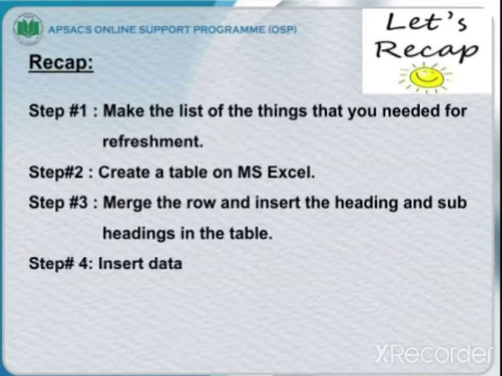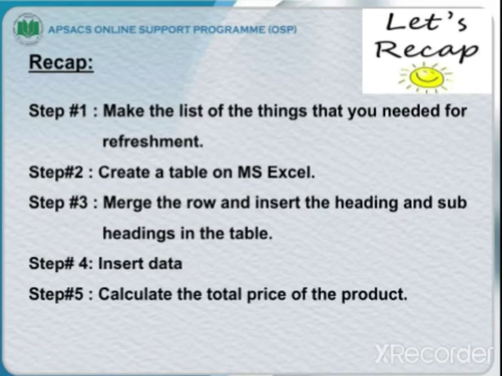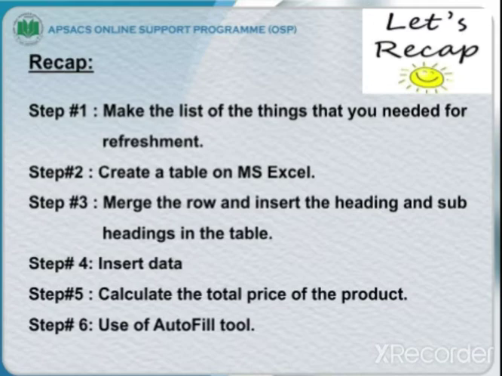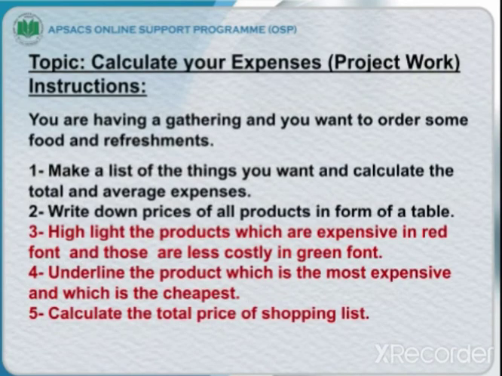Step number 4. Insert data. Step number 5. Calculate the total price of product. Step number 6. Use the autofill tool. After revising the last two instructions, we will start from the instruction number 7 today. So let's move towards step number 7.